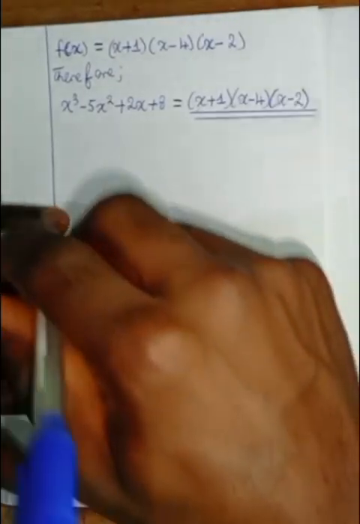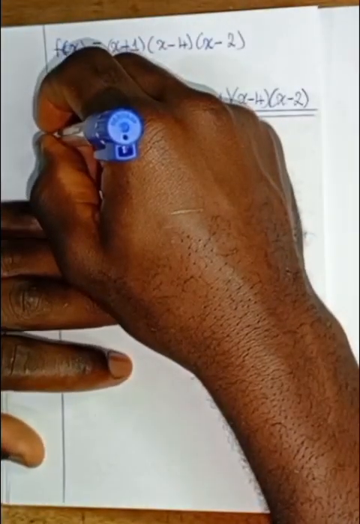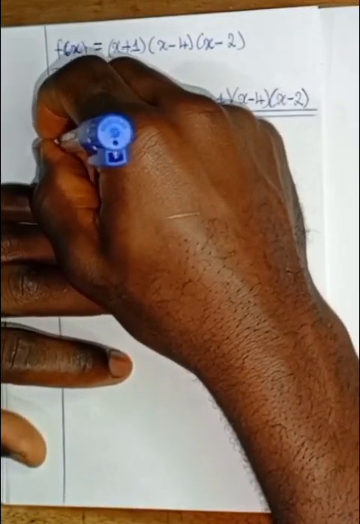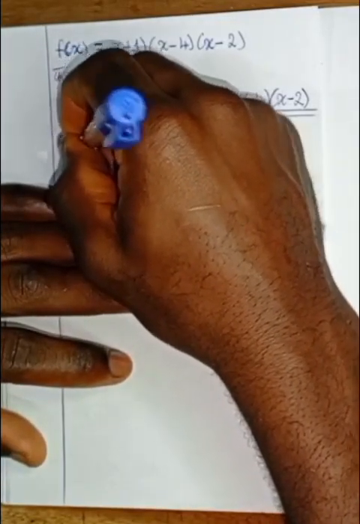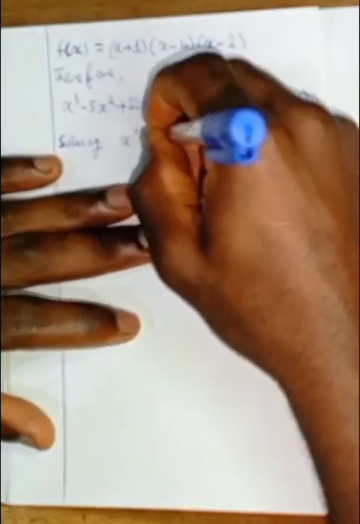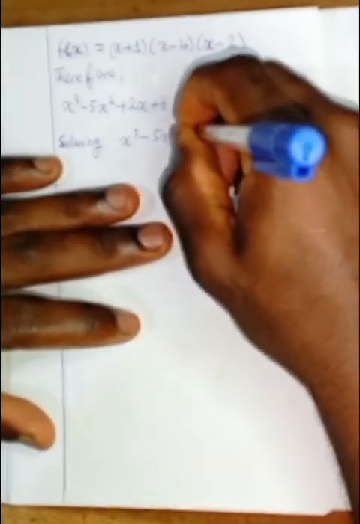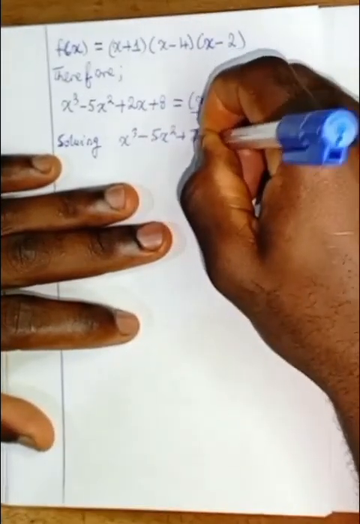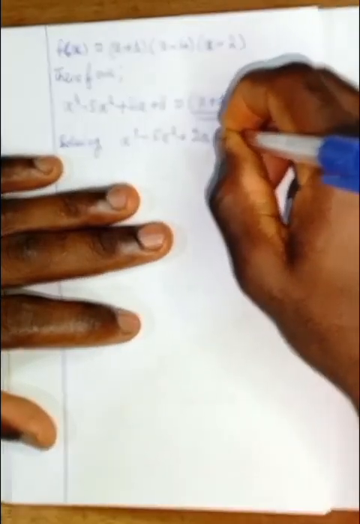The next part of the question is asking us to solve x cubed minus 5x squared plus 2x plus 8 equal to 0.